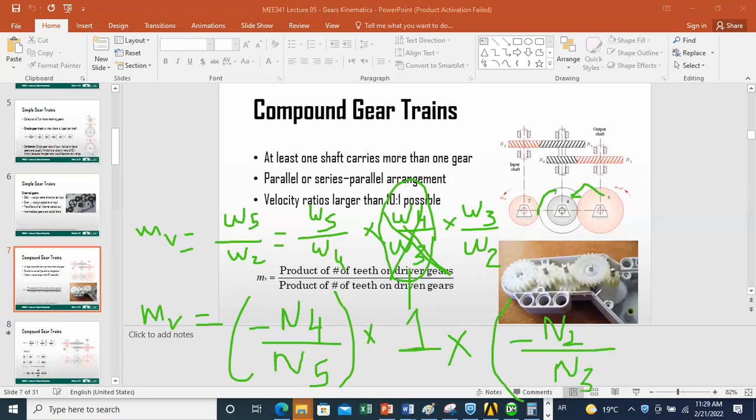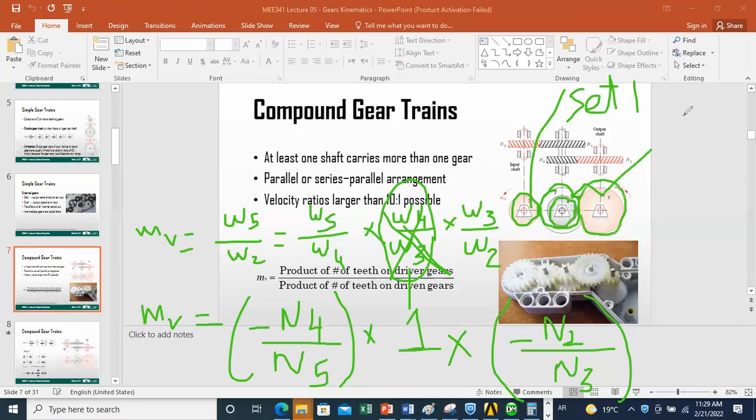And then you can conclude the following. First, how many sets do you have here in total? You have 2 sets. 2 and 3 constitute 1 set. So this is set 1. And 4 and 5 constitute a second set.